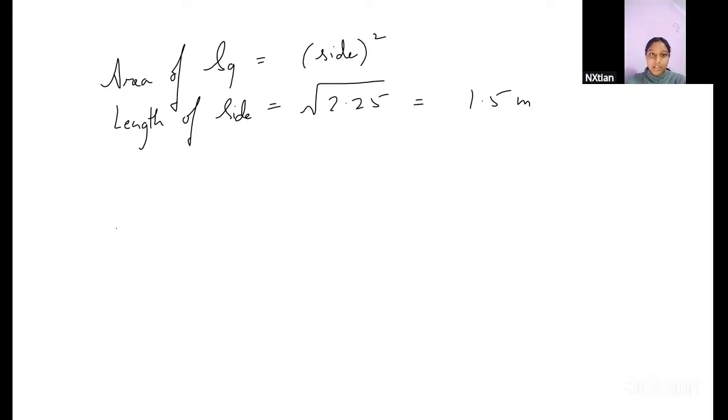Now for the ninth question, we had perimeter 30 meter, and the longer side length was given, which was 8 meter.